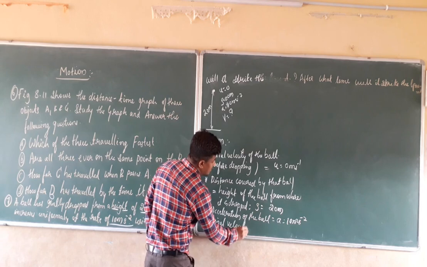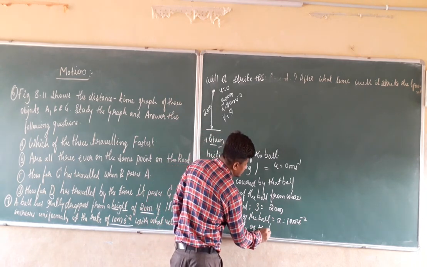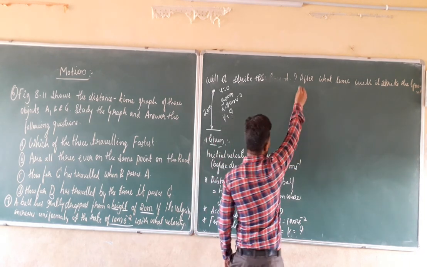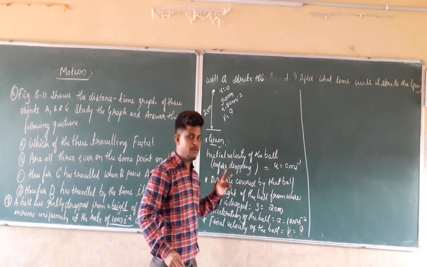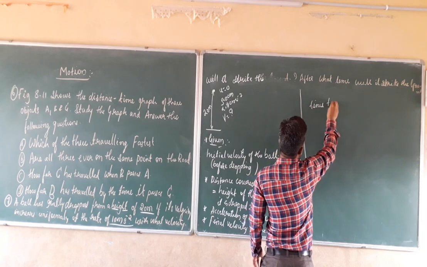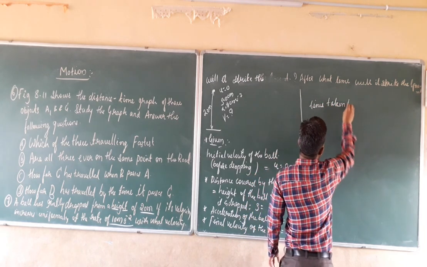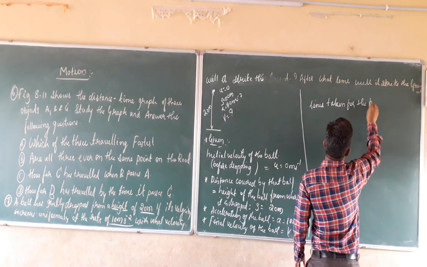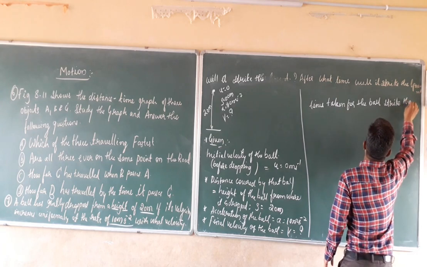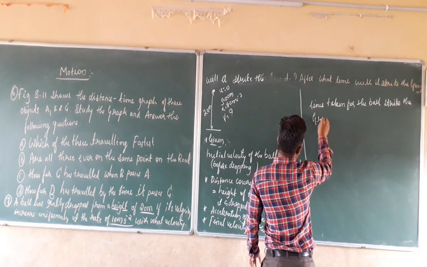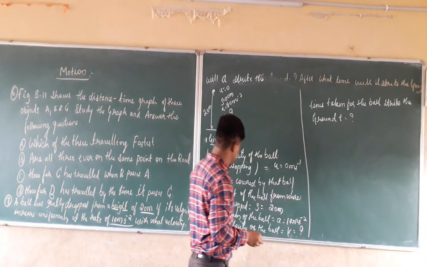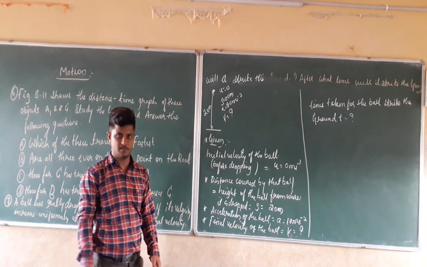That is v equal to question mark. In the same manner, we have to find out the time taken for the ball to strike the ground. At what time is it going to strike the ground? That is t equal to question mark. So first we are going to find out the final velocity of the ball.